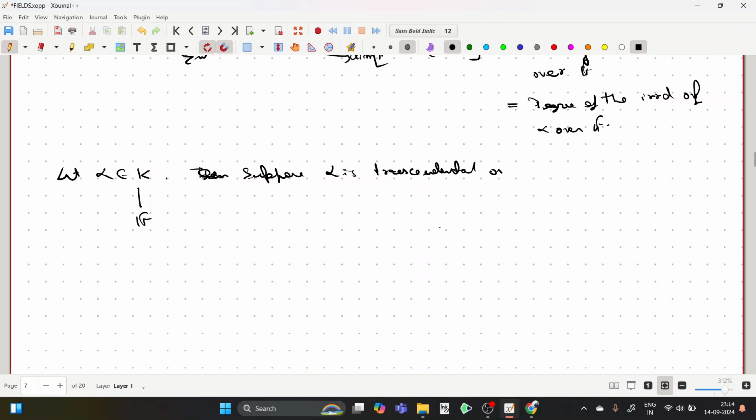Suppose alpha is transcendental over F. Clear? But then we know that, considering the evaluation map, where do I consider this evaluation map?